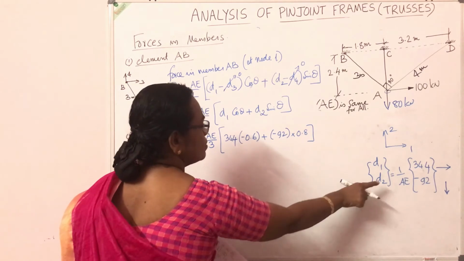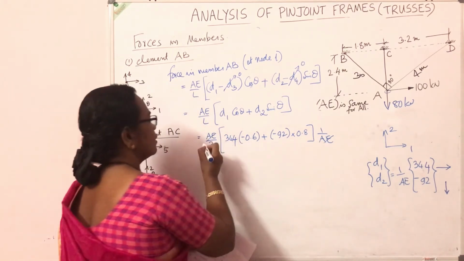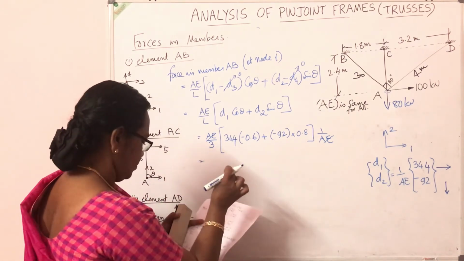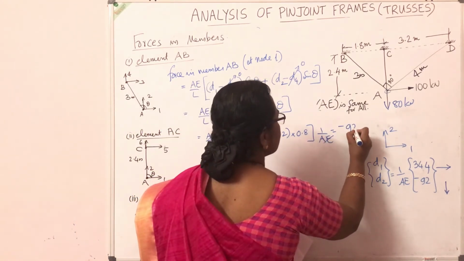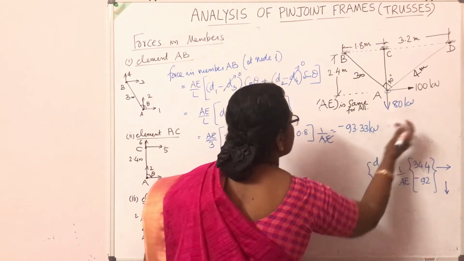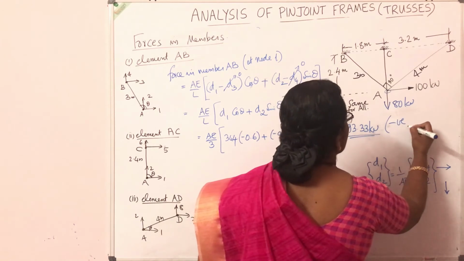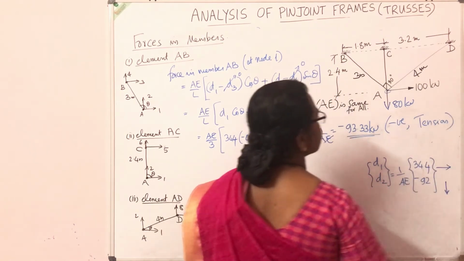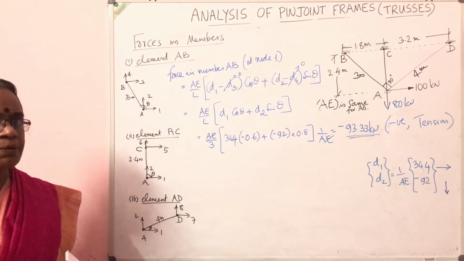And these displacements are 1 by AE. This AE gets cancelled and you get the answer as minus 93.33 kilonewton. If the answer is negative, it implies it is a tension member.